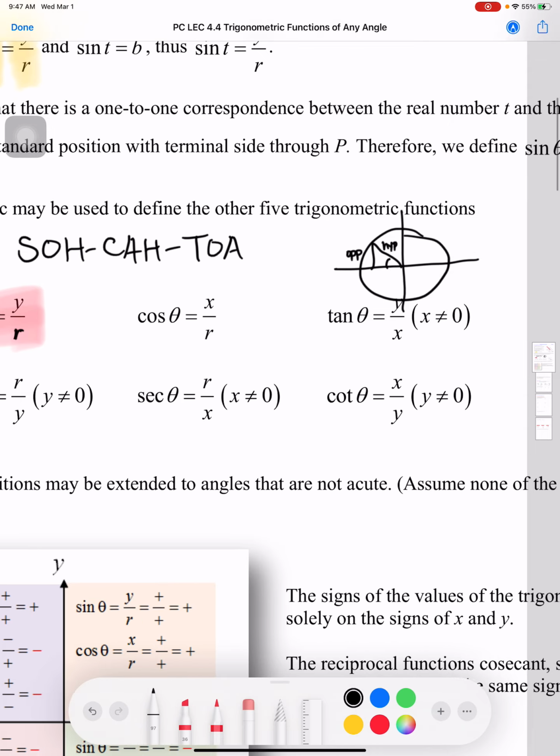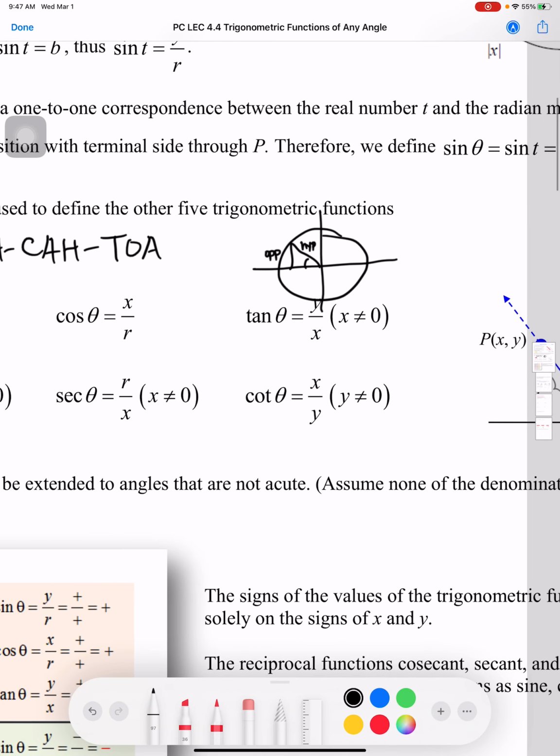And the y value correlates with the opposite side, because this height here, the opposite side, is going to correlate to the distance on that y-axis.